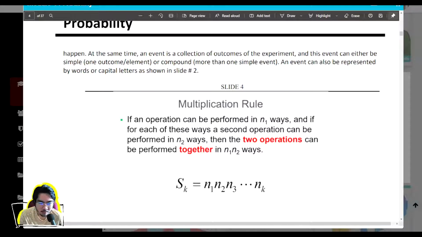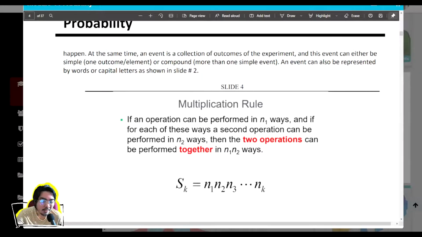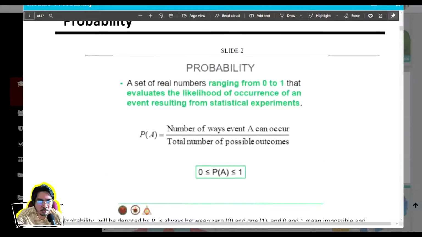Okay, so this is important because if you know the number of ways that a certain event or a certain operation can be done, then we can also relate this to the probability of that particular operation, no? Kasi if you notice na yung bottom part kasi natin is the total possible number of ways, no?